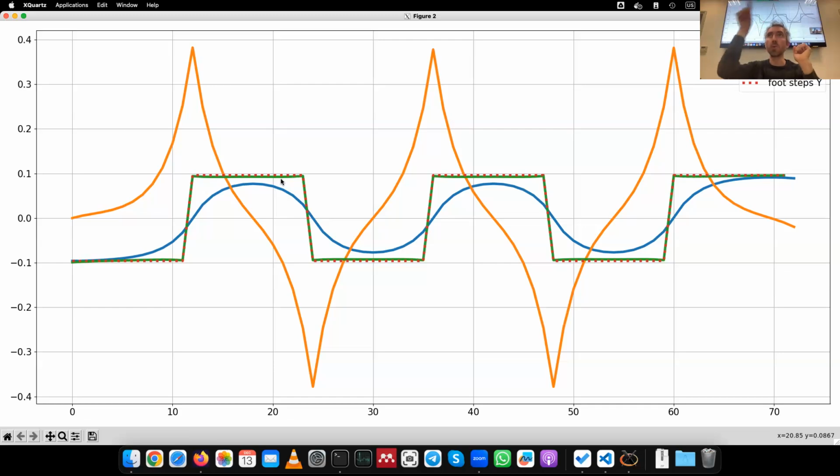So we have like this square wave function. The center of mass is also oscillating between the 2 feet, moving left and right. And the center of mass velocity also has these spikes, but they're not always in the same direction. Here they are moving to a positive velocity, and here with a negative velocity. And we oscillate left and right, left and right.